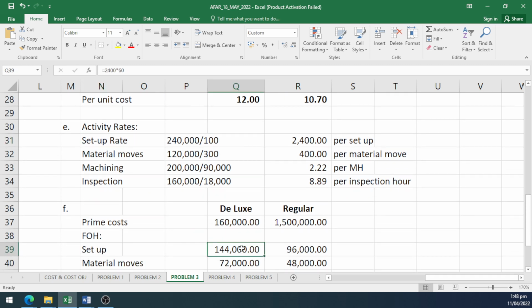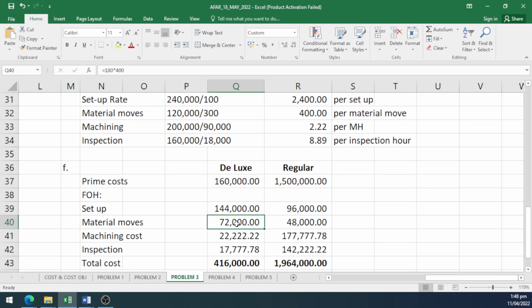Ito po yun. 2,400 times 60, 144,000. 2,400 times 40, that's 96,000. Material moves naman, yan po. 400 per move. 180 and 120. So 180 times 400 for deluxe, 120 times 400 for regular.